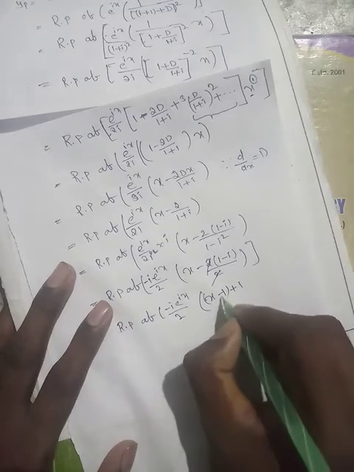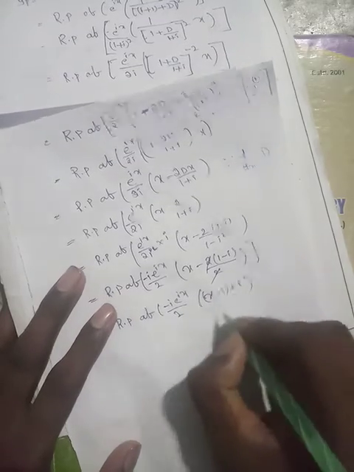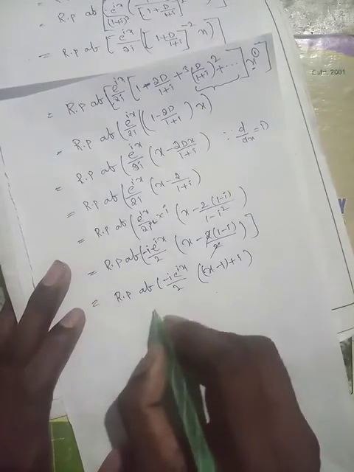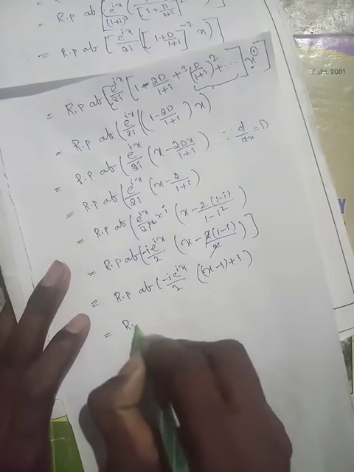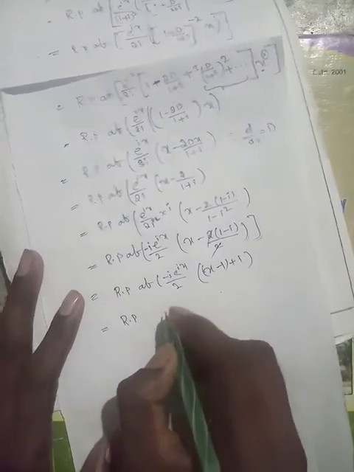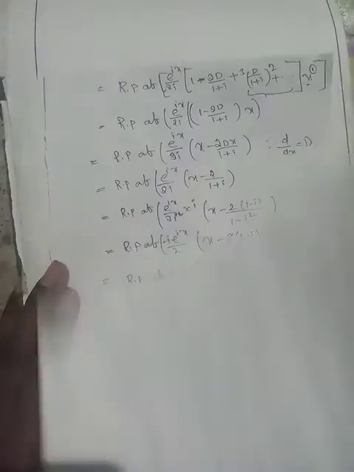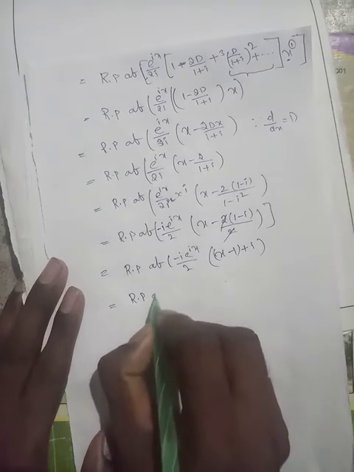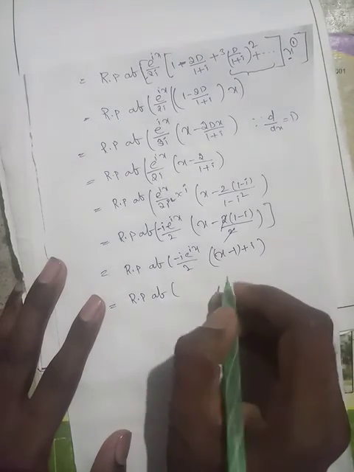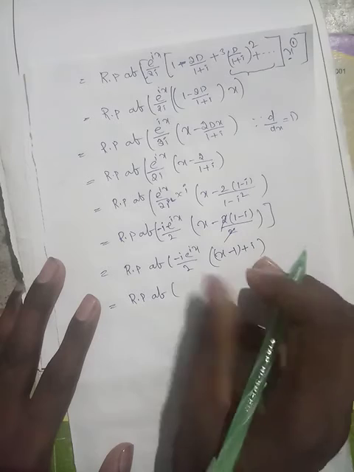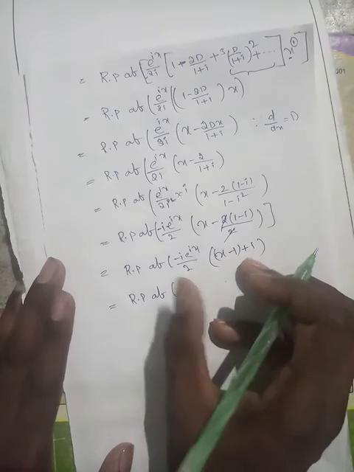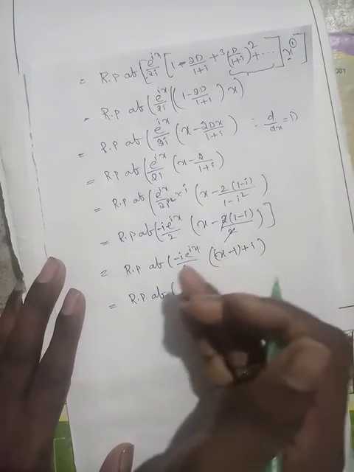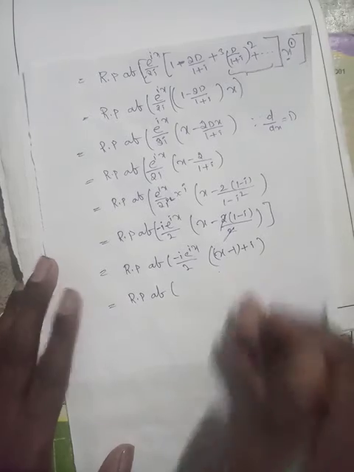So this is the real part, I am taking as one part, and this is imaginary. Leave that, right? Now here real part of this whole thing. So here we need to segregate it as a complex number, which means we need to write the real part on one side and the imaginary part on the other side.